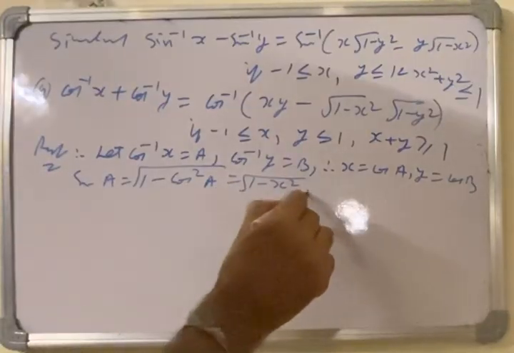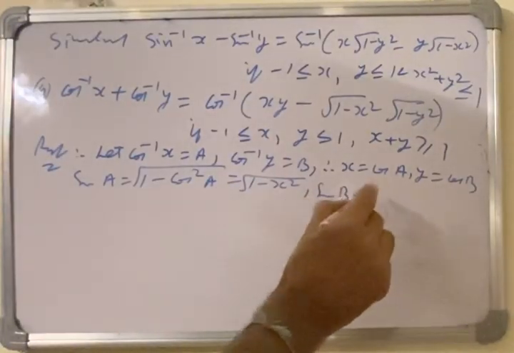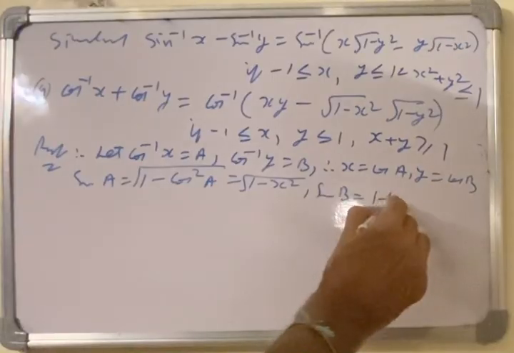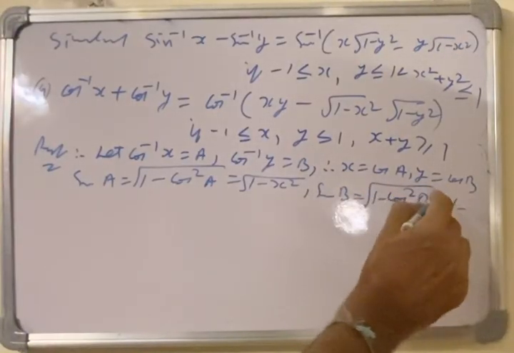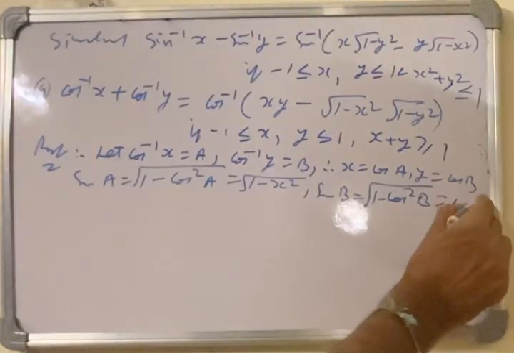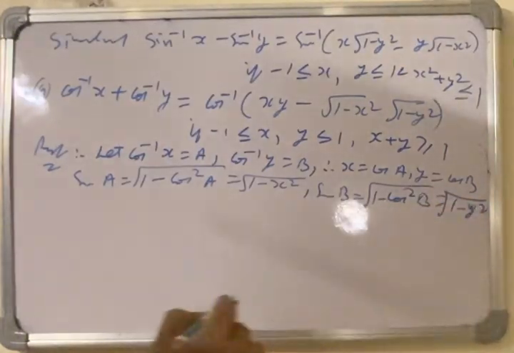Sine B is square root of 1 minus cos square B, which is equal to square root of 1 minus y square.